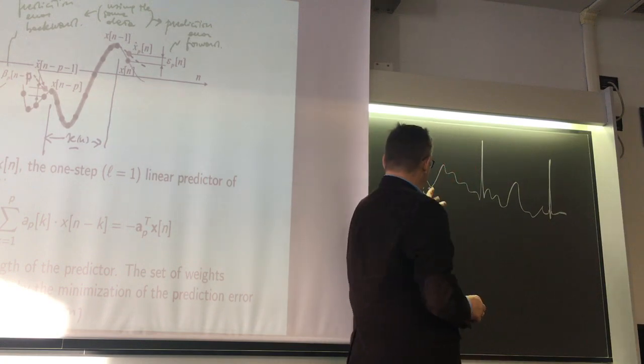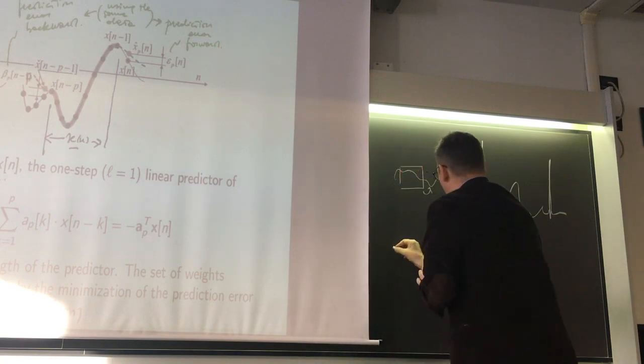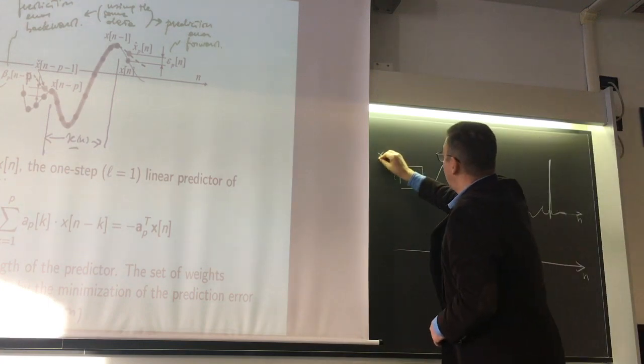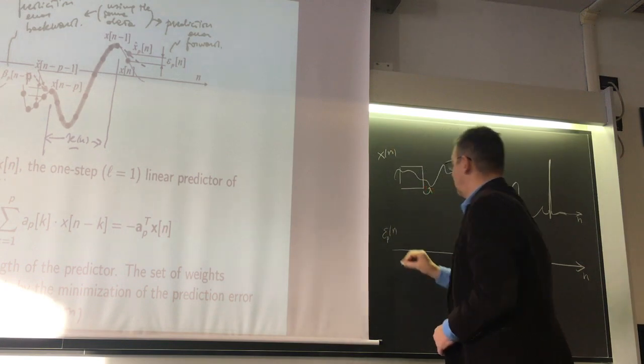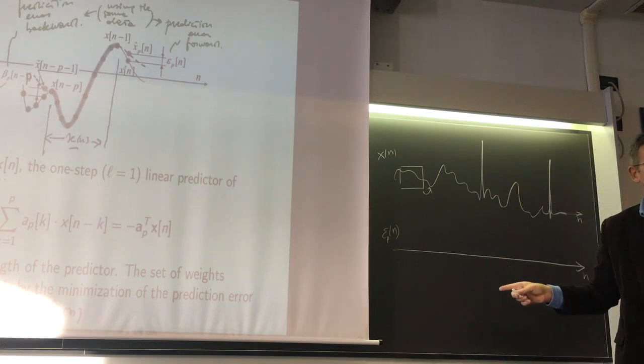Now, what I get is my prediction. If now I represent on this axis, this is the axis n. Here I have x[n], and here I have epsilon, so the prediction error versus time.